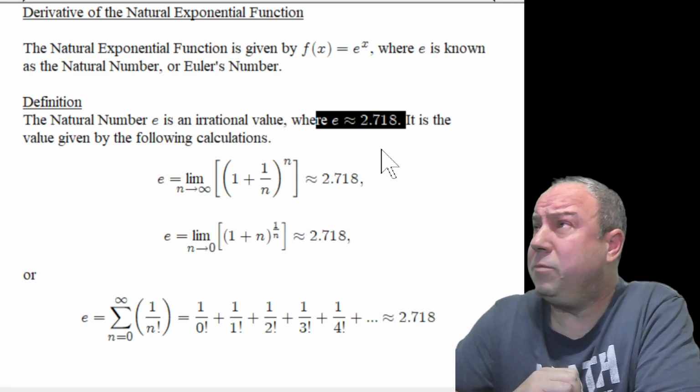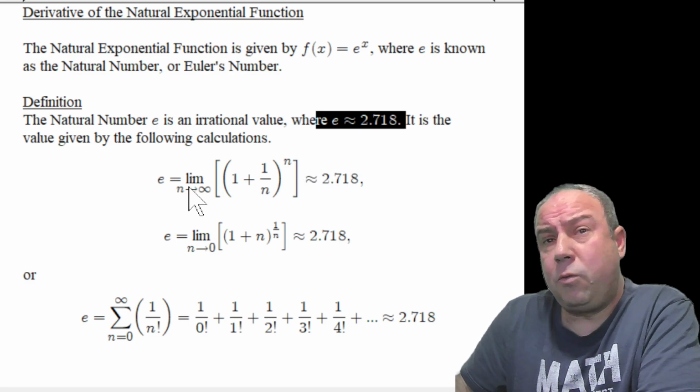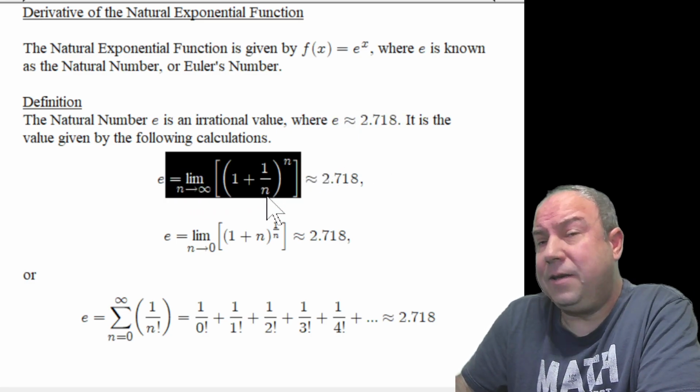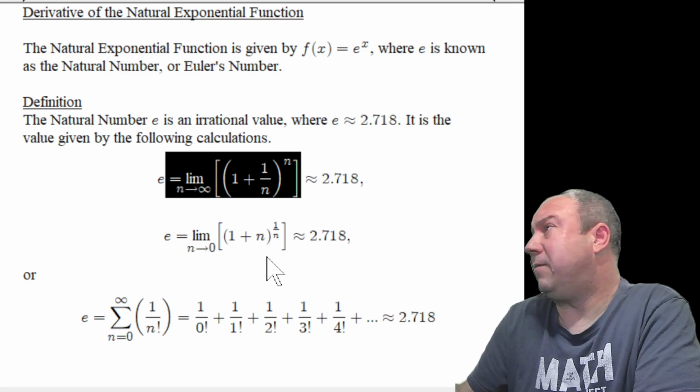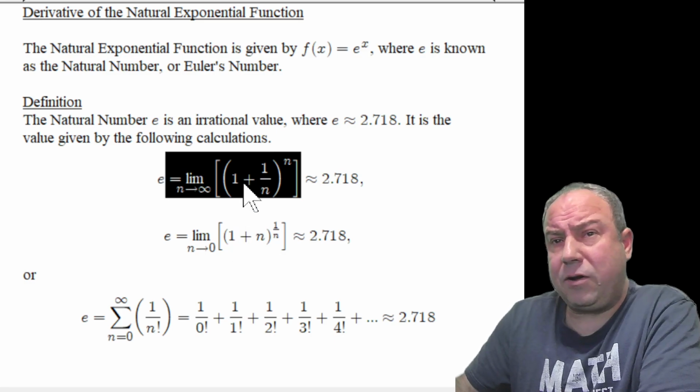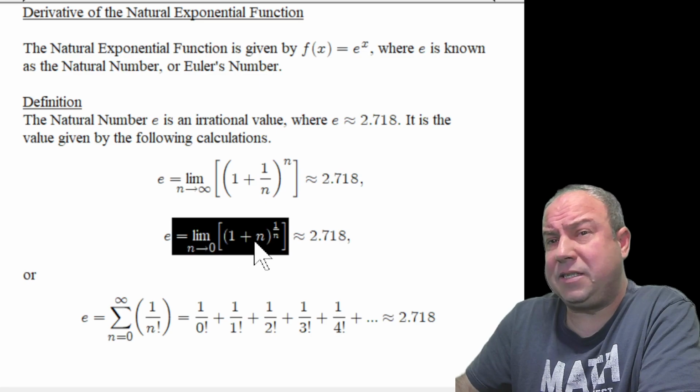But in terms of its exact value, the way that we define it exactly is using this limit statement, or a variation of this limit statement seen here.